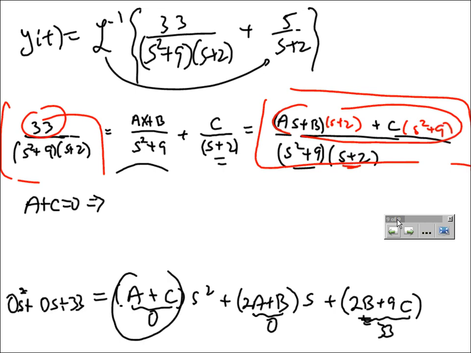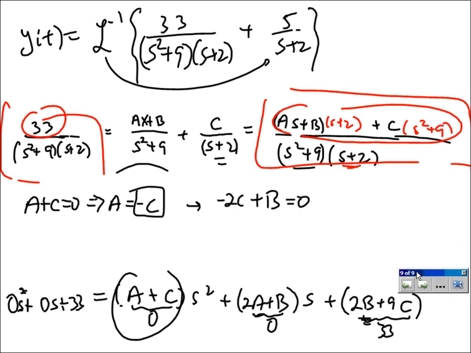Well, that tells me that a is negative c. So I'm going to eliminate a's by just putting negative c. So the second equation tells me 2a's, which is negative 2c, plus b is 0. Well, you know what? Bringing that to the other side, that tells me that b is 2c.